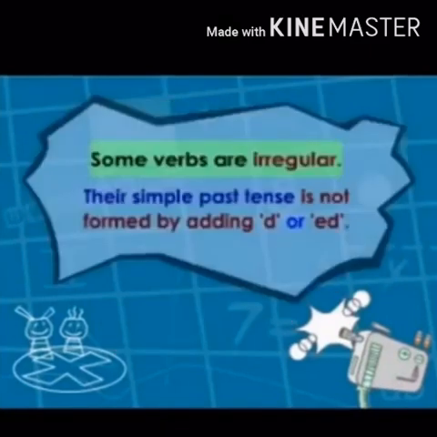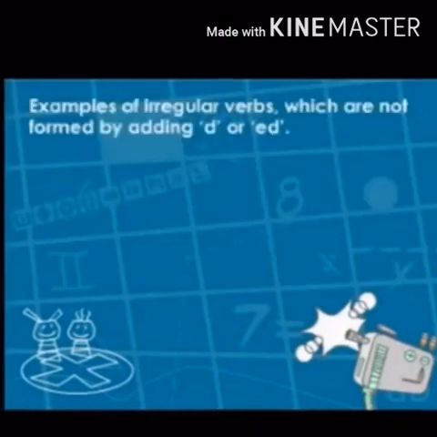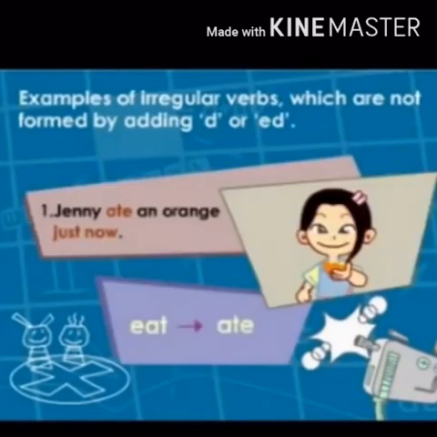Some verbs are irregular. Their simple past tense is not formed by adding D or ED. Examples of irregular verbs which are not formed by adding D or ED. Jenny ate an orange just now.